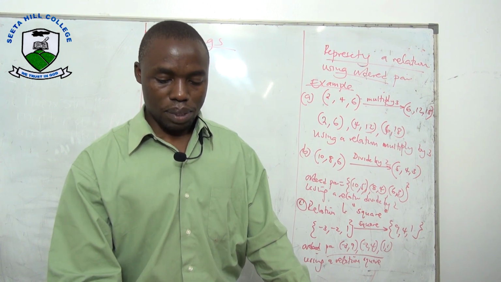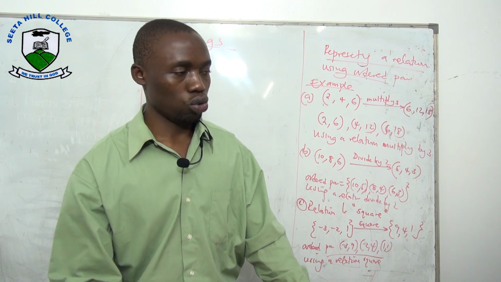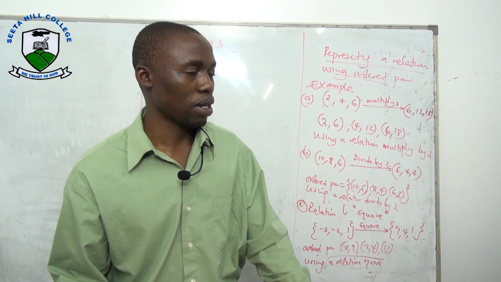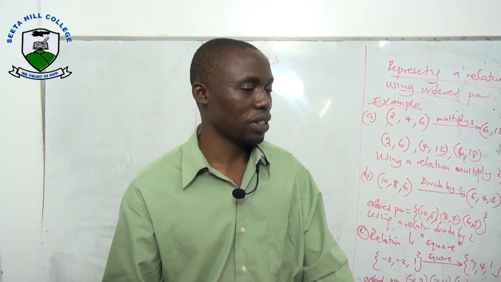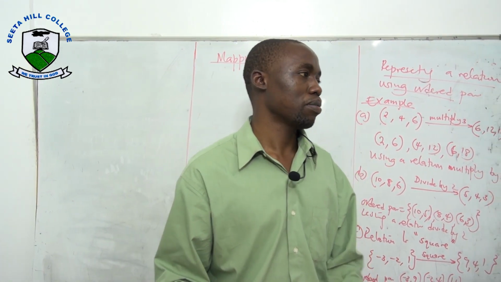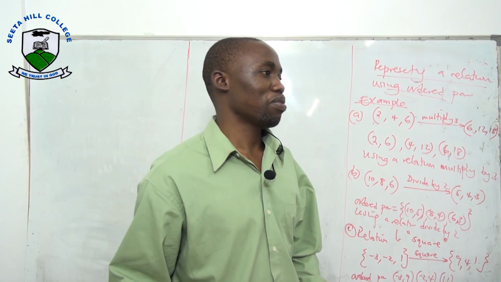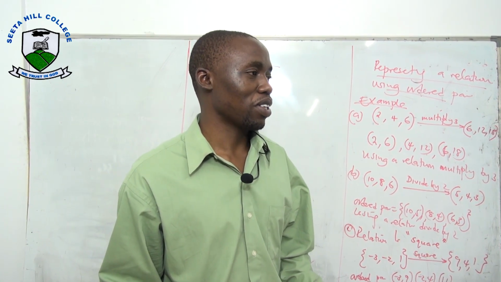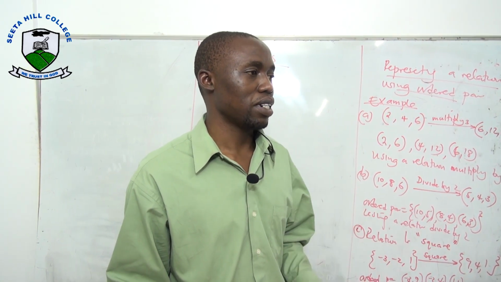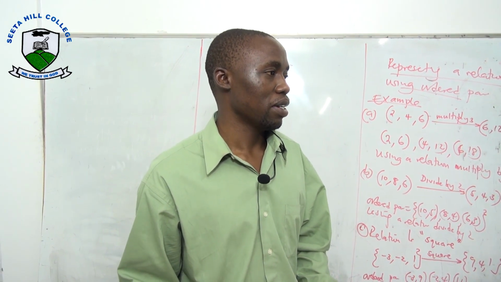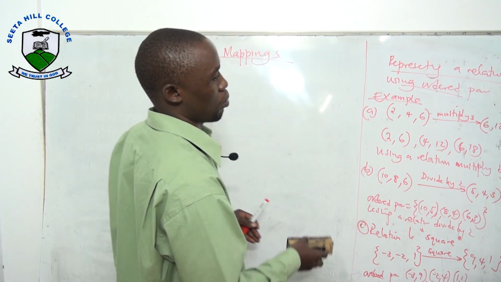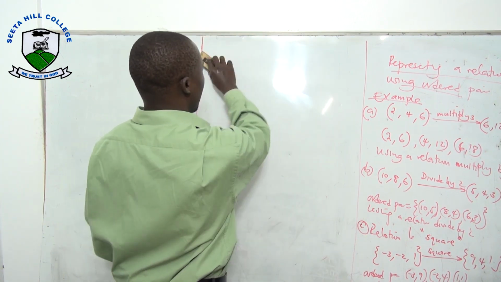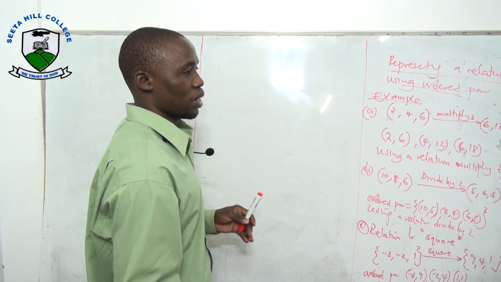Now, let me shift very fast to mappings. Any question in relations? Any question? Can you also subtract maybe the order? As long as you can connect two items by anything, by subtraction, by getting square root. That's all. You're asking a question, Grace?